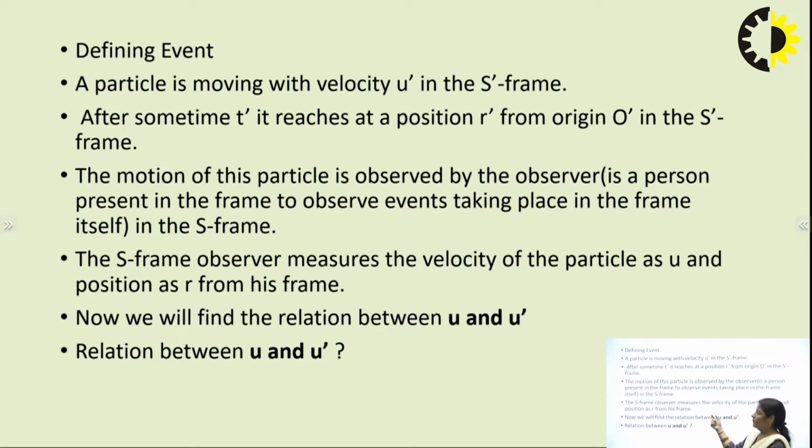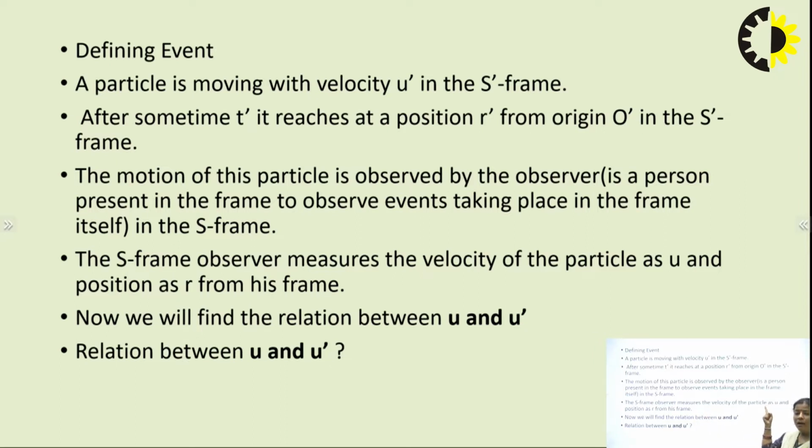He is saying that the velocity for this same event, we are not defining a new event, the velocity of this moving particle is u. Now, we have to be careful. The particle is moving with velocity u dash in this S dash frame, but the S frame observer is saying that the particle is moving with u velocity.